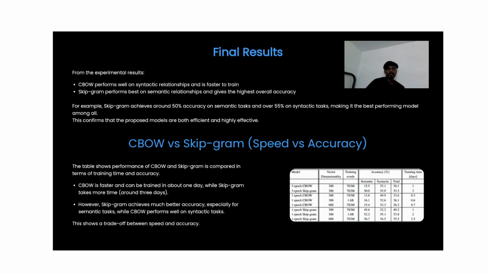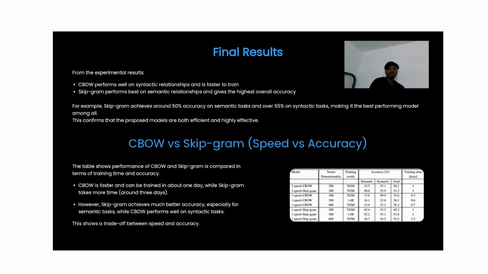Let's compare the performance of different models. The models were evaluated on both semantic and syntactic tasks. From the results, we observed that skipgram performs best on semantic relationships, meaning it captures word meaning very well. CBOW performs well on syntactic tasks, and it is also faster to train.